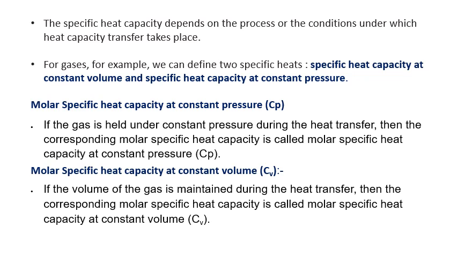Specific heat capacity at constant pressure: if the gas is held under constant pressure during the heat transfer, then the corresponding molar specific heat will be the molar specific heat capacity at constant pressure, and it is denoted by the symbol C with subscript P. Similarly, if the volume of the gas is maintained during the heat transfer, then the molar specific heat capacity will be the molar specific heat capacity at constant volume, denoted by C with subscript V.